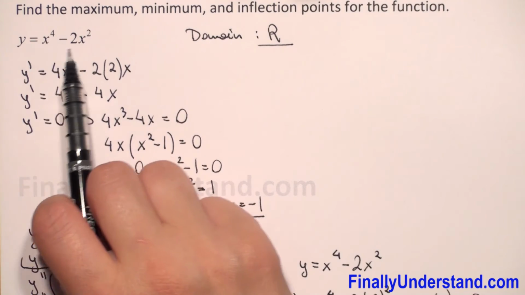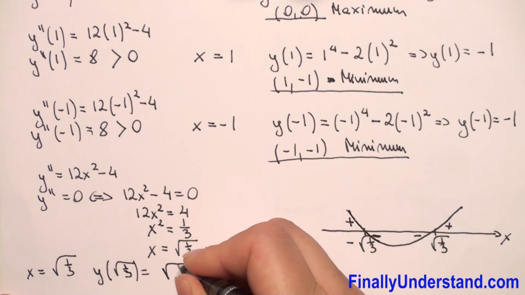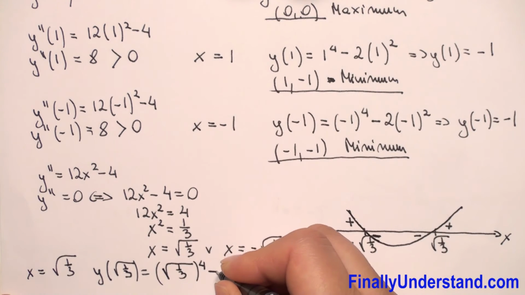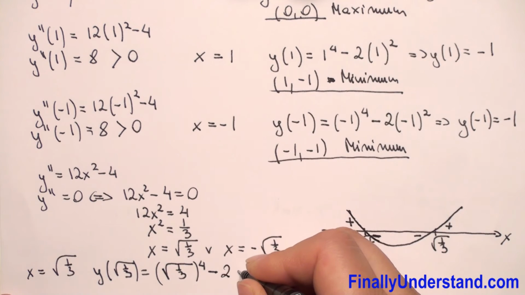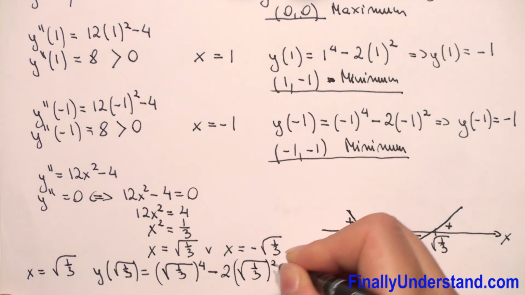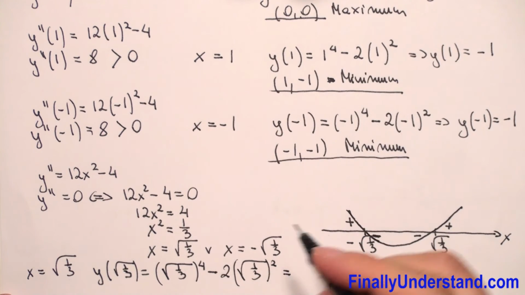This is our y function. So it will be square root of 1/3 to the 4th power minus 2 times square root of 1/3 to the 2nd power. So this is equal to square root of 1/3 to the 4th power.